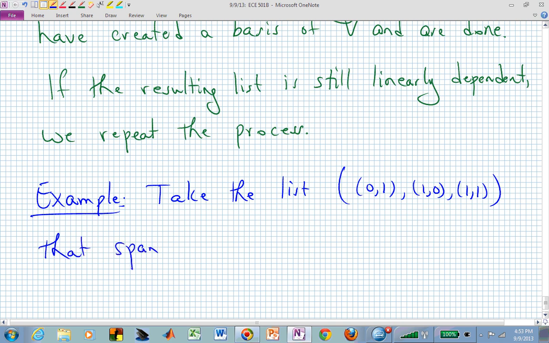Hopefully there's no argument that that actually spans all of R2. And it's not a basis because there's some linear dependency among those vectors.